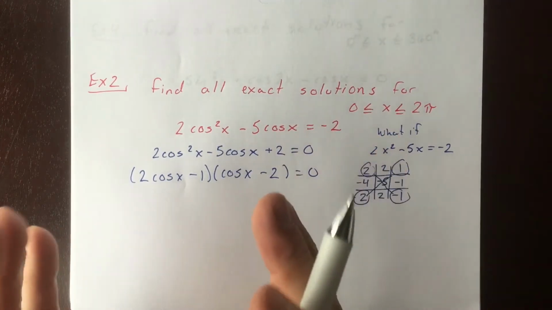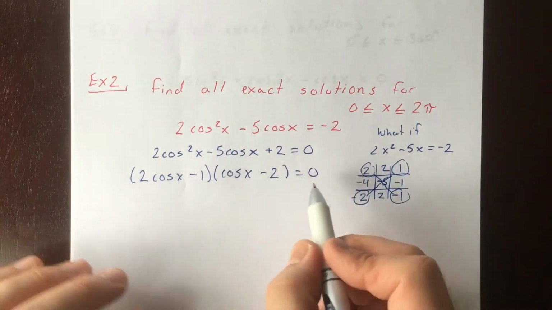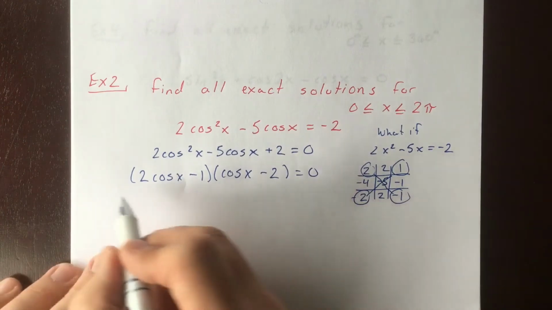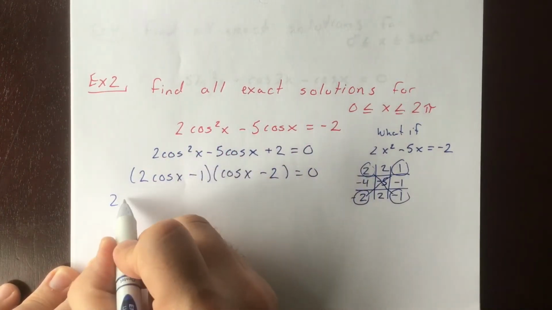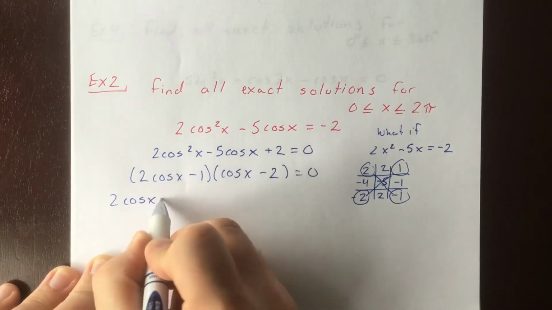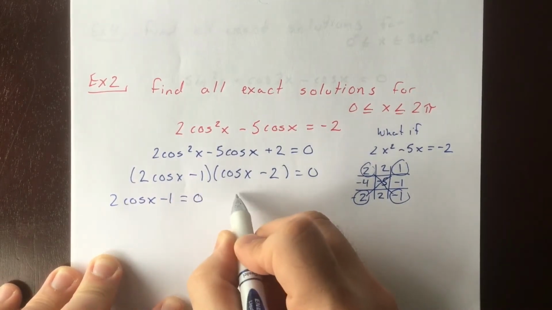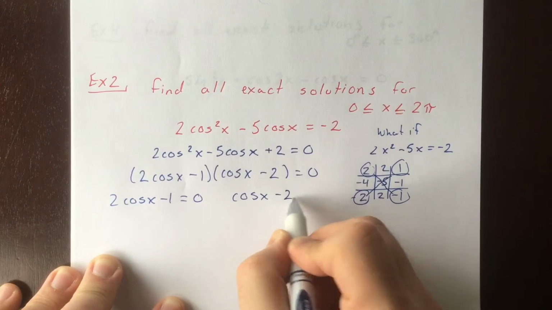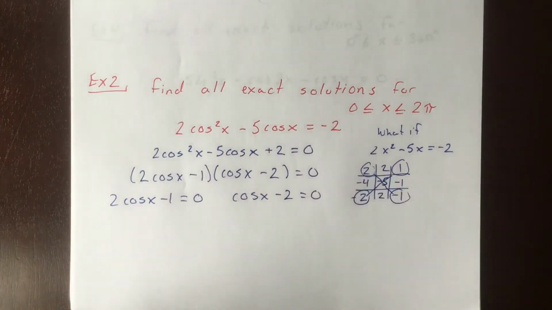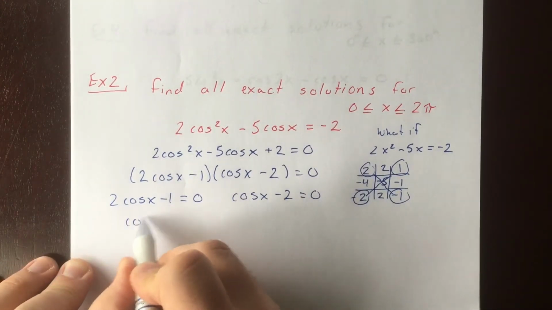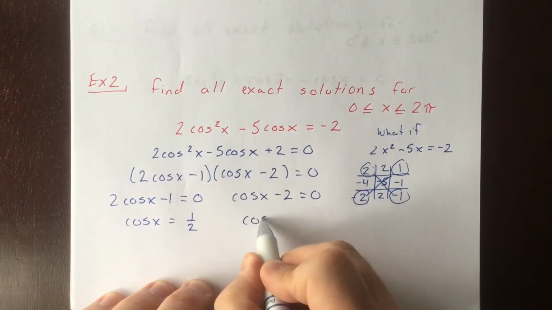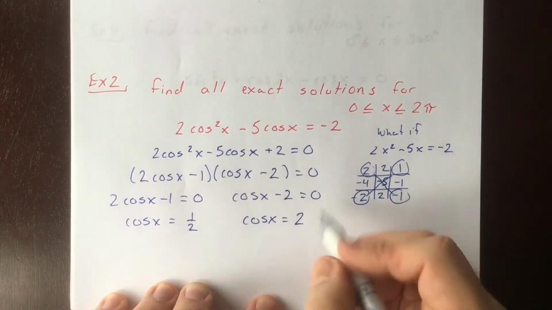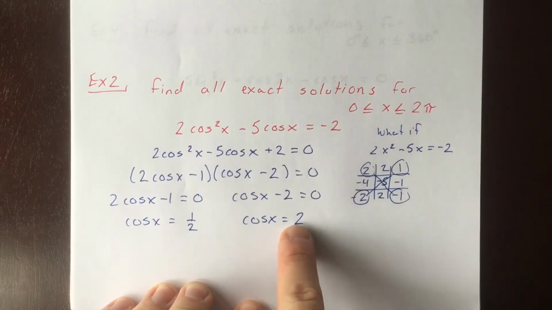Using the zero product property, if this times this equals 0, then either 2 cosine of x minus 1 equals 0, or cosine of x minus 2 equals 0. We just solve both of them. We get cosine of x equaling positive 1/2, and cosine of x equals positive 2. This should throw up a red flag.